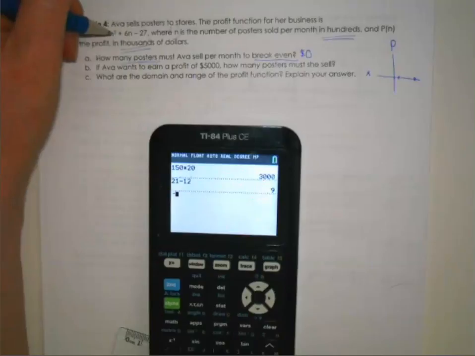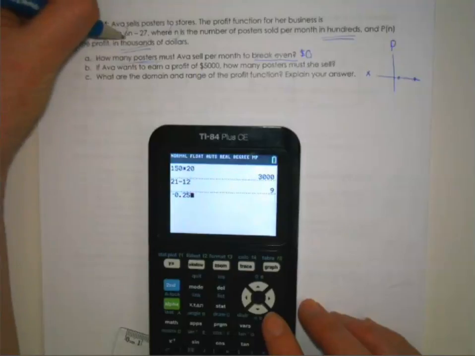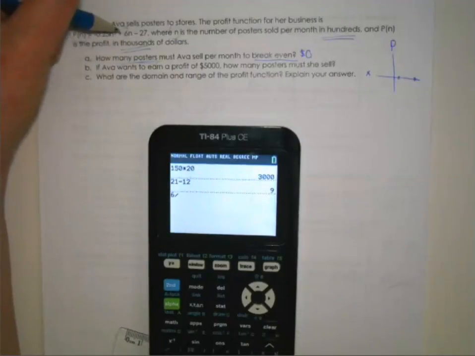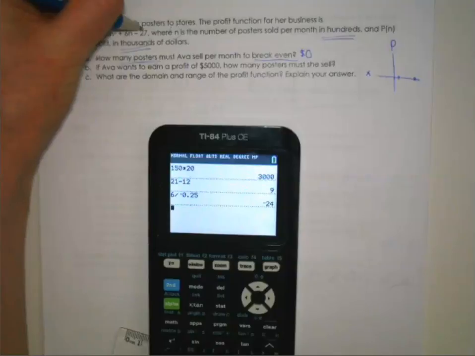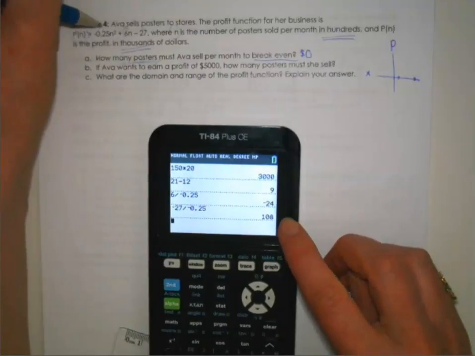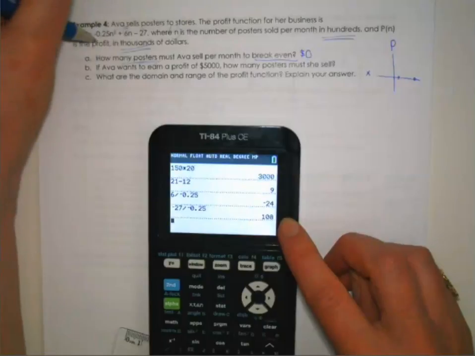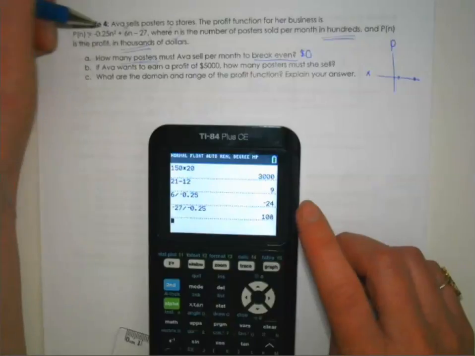Let's see if we can divide it out. 6 divided by negative 0.25 gives us negative 24. That's a nice even number. What about negative 27 divided by negative 0.25? Another nice even number. So basically that means we can divide out this negative 0.25 to get nice whole numbers that we can easily factor.